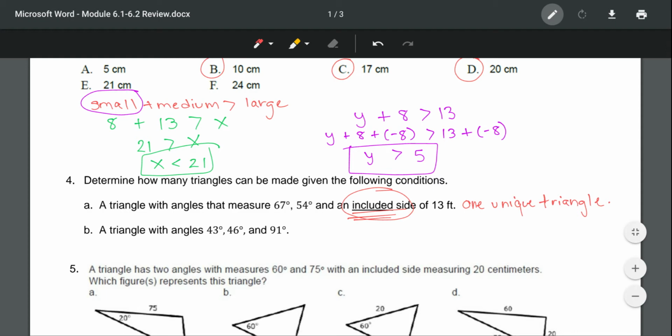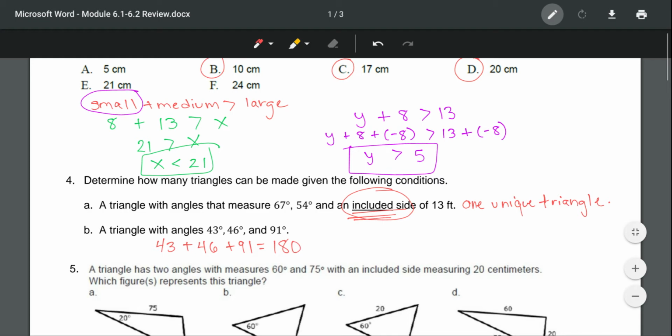But first, you also need to check that these angles actually add up to 180 degrees. So I would add up 43 plus 46 plus 91 to verify. So the sum is 180 degrees.